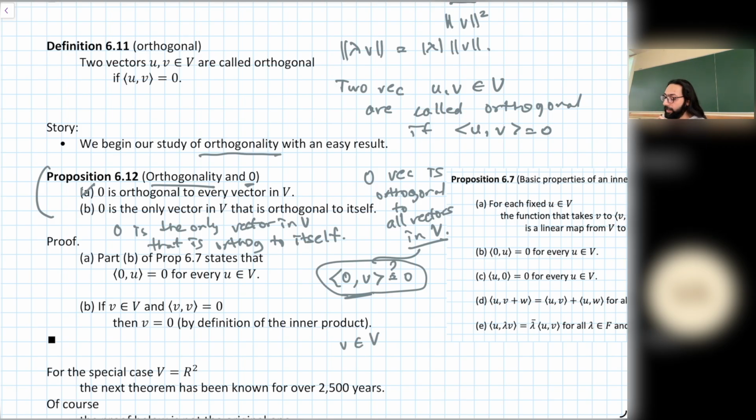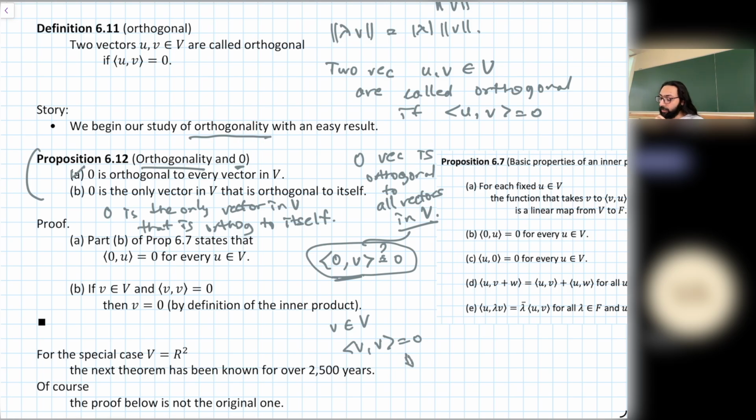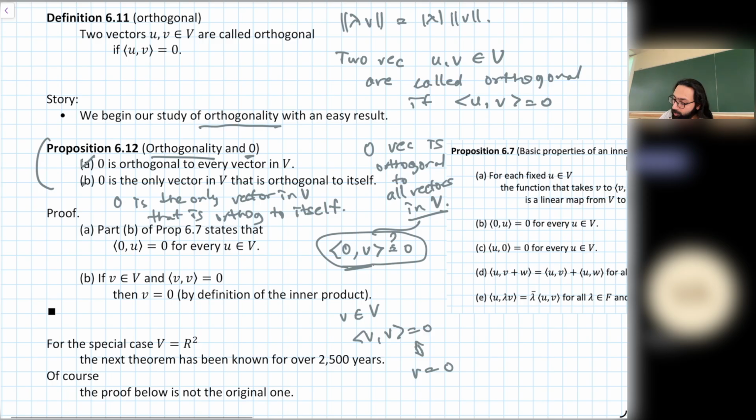For a vector to be orthogonal to itself, what should be the condition? If a vector is orthogonal to itself, it means the inner product of v with v is 0. Correct? And what did we prove? We proved that this is true if and only if v is 0. That was just from the definition. So we also proved this part. Any questions about the proposition?